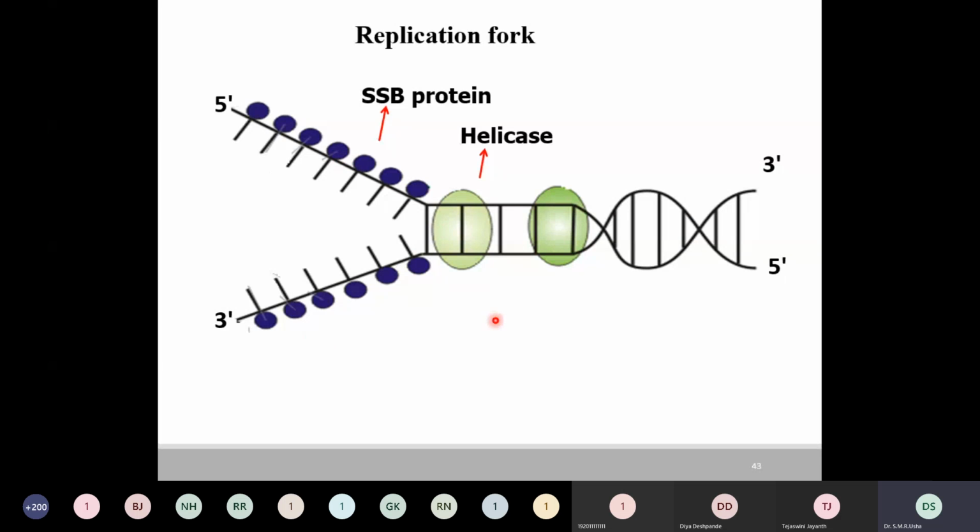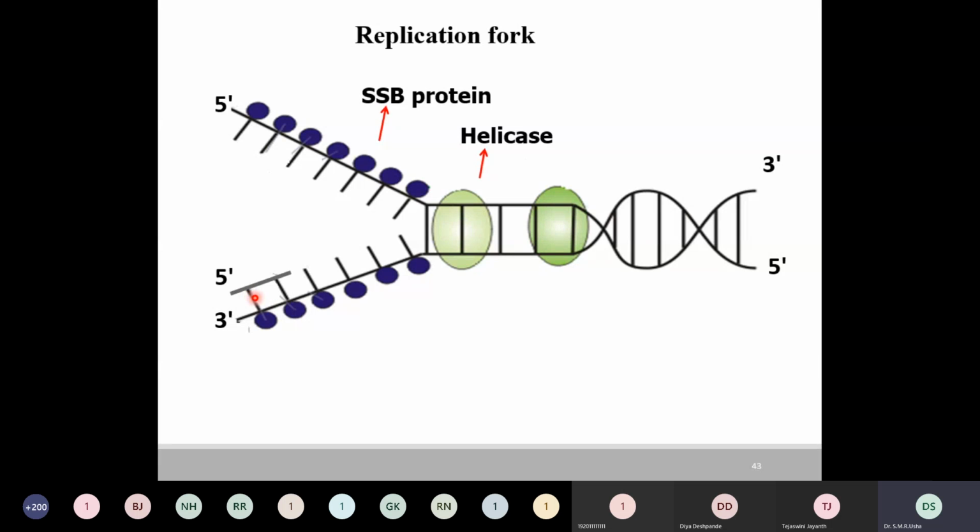See, I remembered the dentist. When we go to the dentist, they keep our mouth wide open and put a clamp. Our jaws are wide open. Even if you want to close it, you can't close it. Why? To have access to our teeth. Like that, the enzyme has to know what bases are there in these strands. That's why both are widely separated. So the single-stranded DNA binding protein serves that purpose.